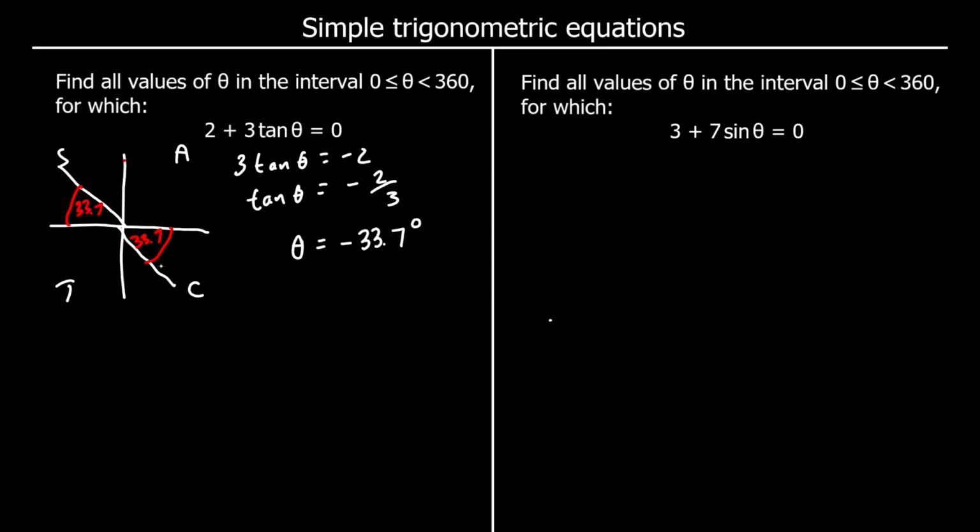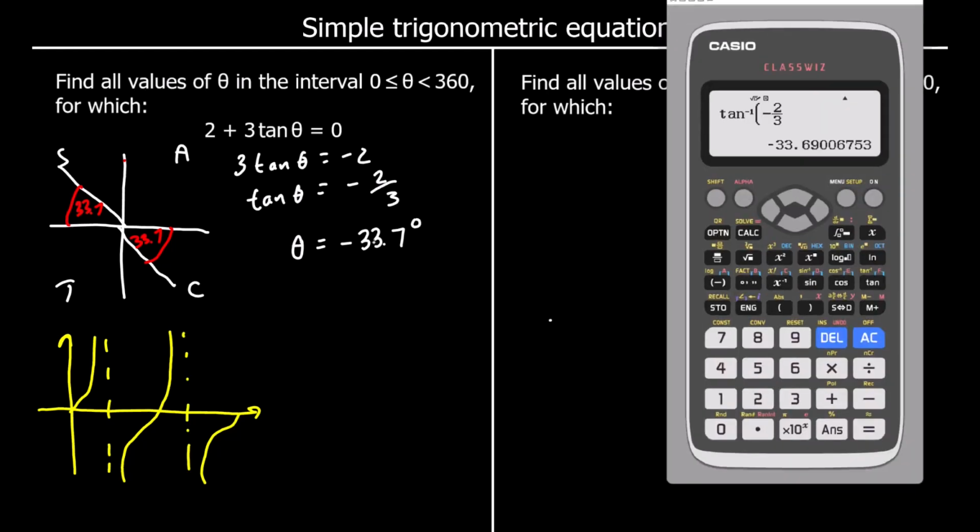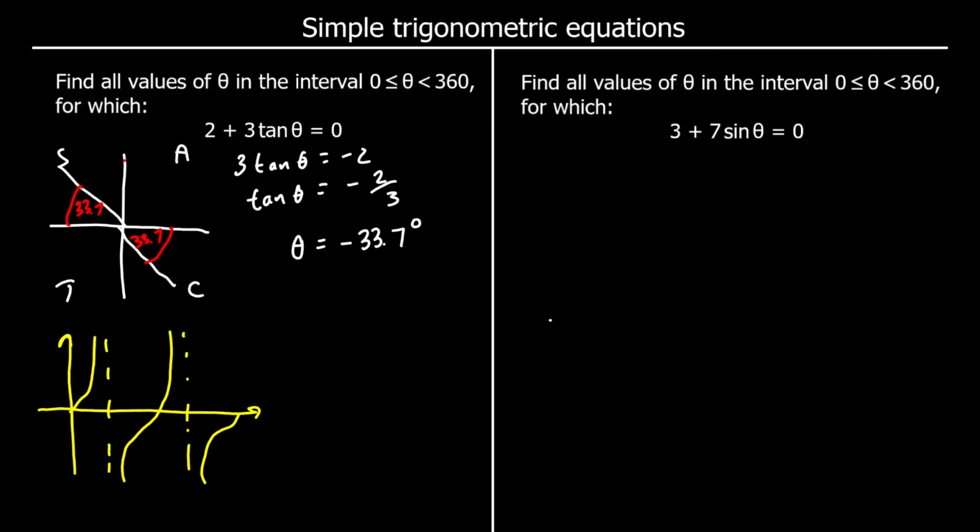But much, much easier, tan just repeats every 180 degrees. So the tan graph just repeats every 180 degrees. So to get the next answer with tan, it's plus 180. So 146.3.